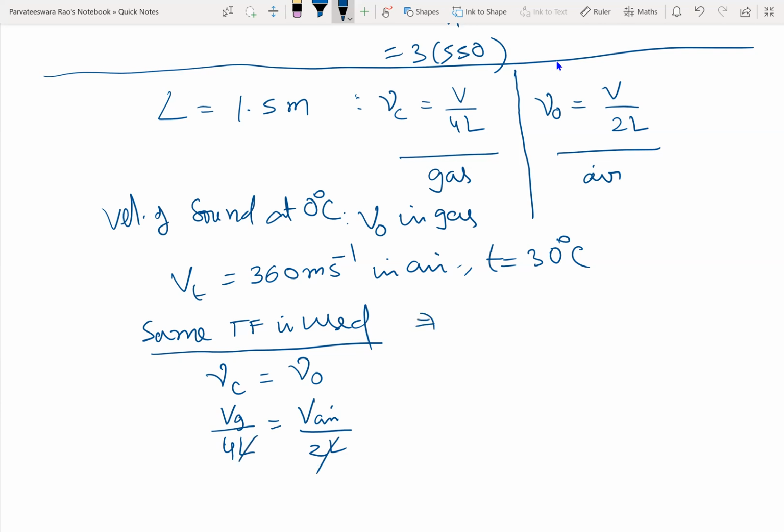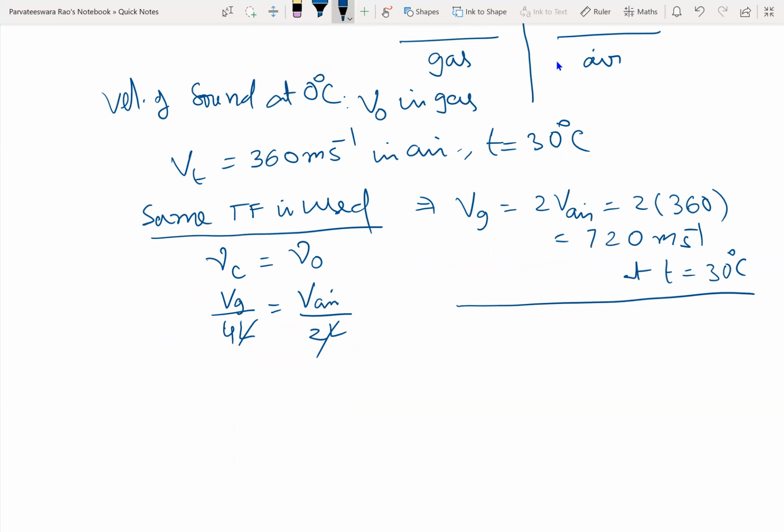So we get velocity of gas is 2 into velocity of sound in air. So this should be 2 into 360, 720 meters second inverse, of course at T is equal to 30 degrees centigrade.